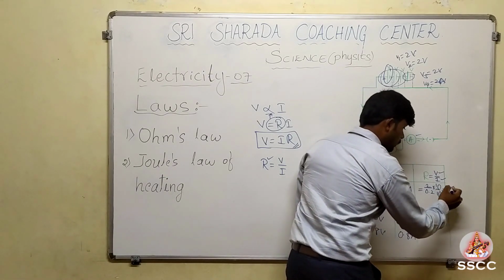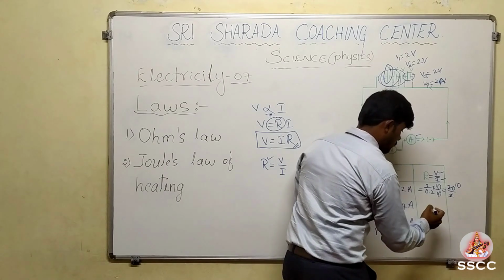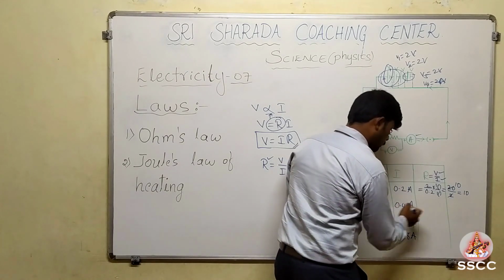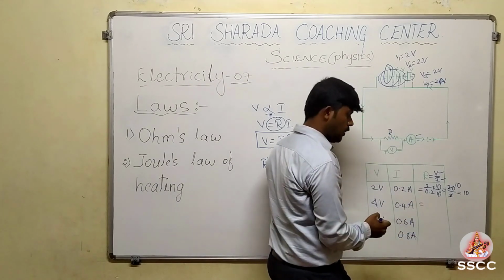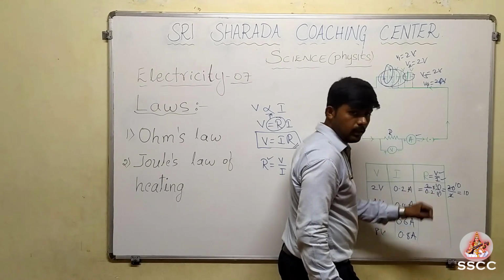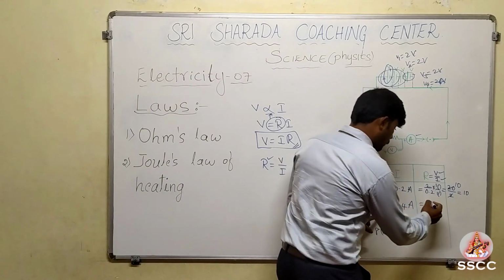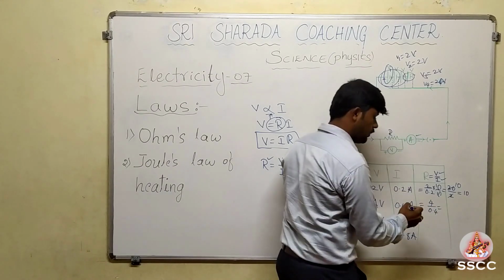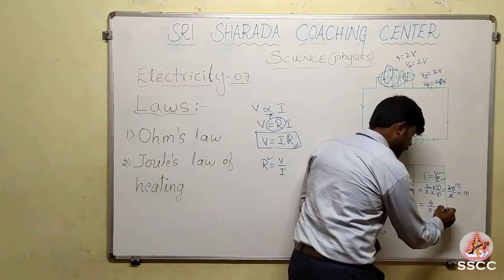Now 2 ones are 2, tens are, and finally you are getting 10. Okay, for the second one also use the same formula, potential difference in the numerator, electric current in the denominator. 4 divided by 0.4. If you are solving this one, here also you will get 10.